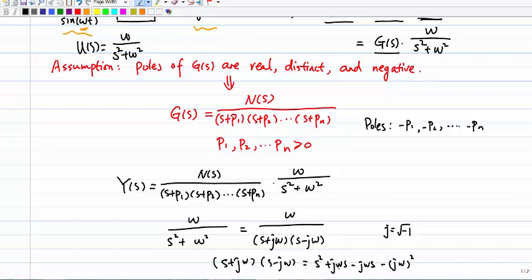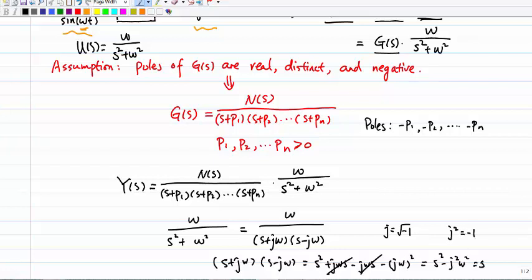So those terms cancel out, and this is s squared minus j squared w squared. Since j is the square root of negative 1, j squared will be negative 1.